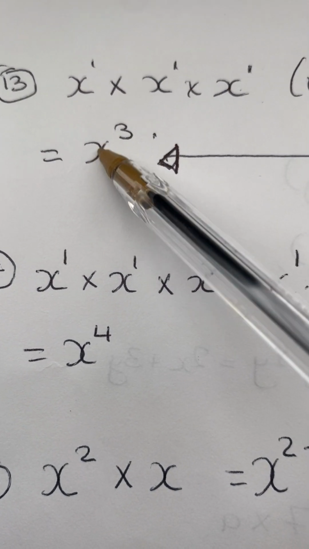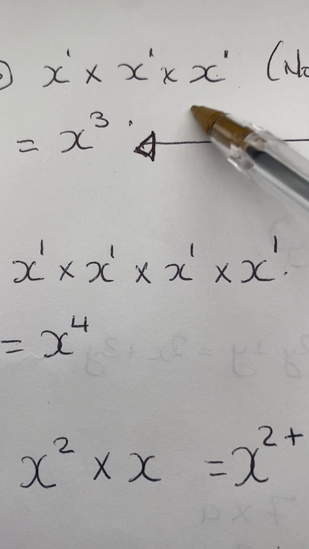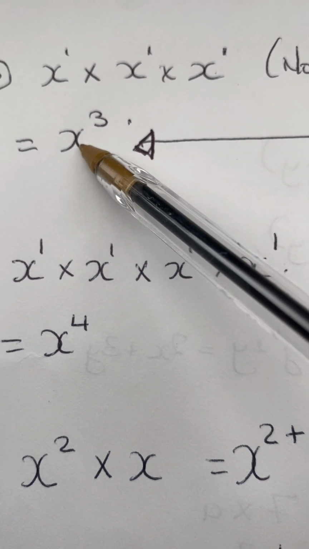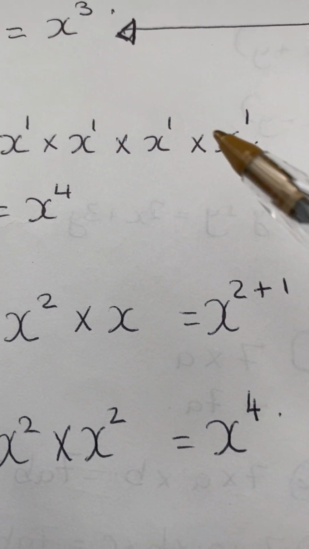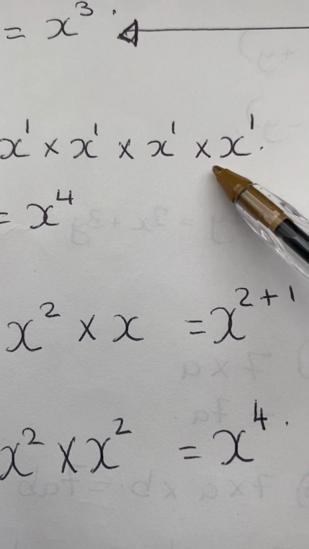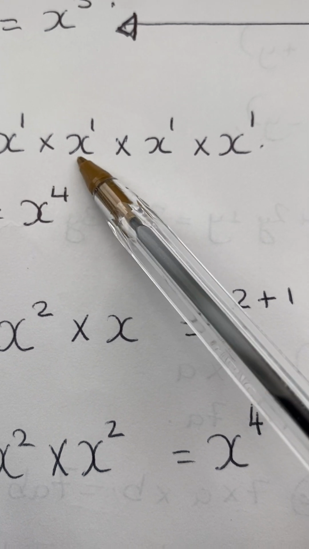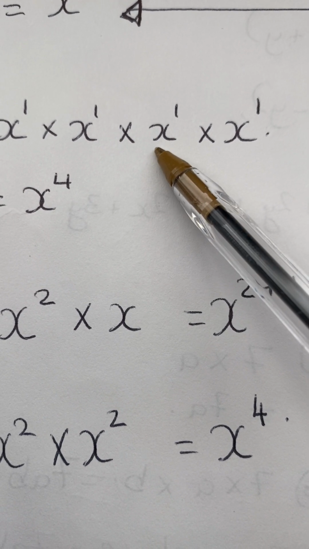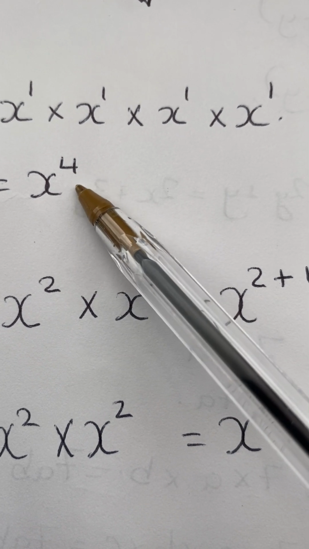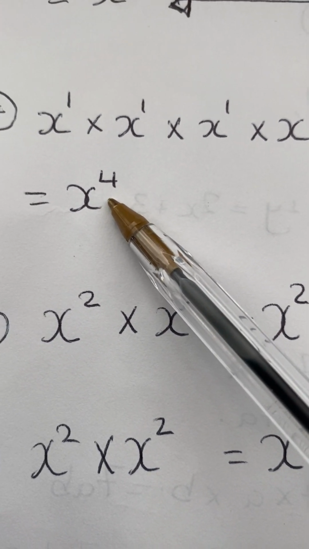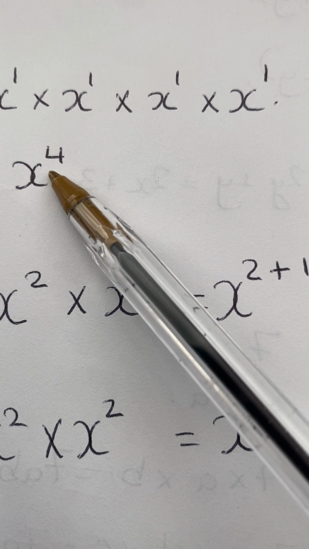As you have x multiplying itself 3 times, the answer is x to the power 3. So straight away, our next example, x times x times x times x will give us x to the power 4, like we did in the powers of 10.